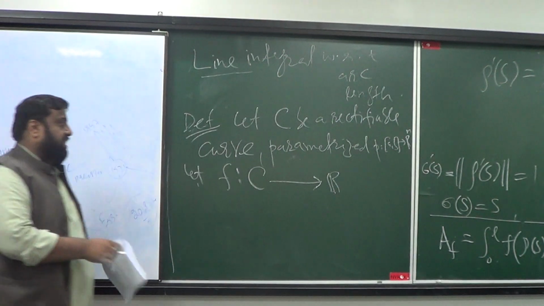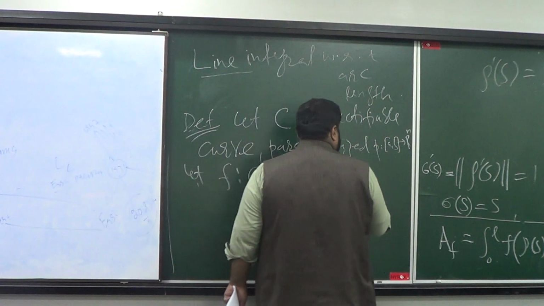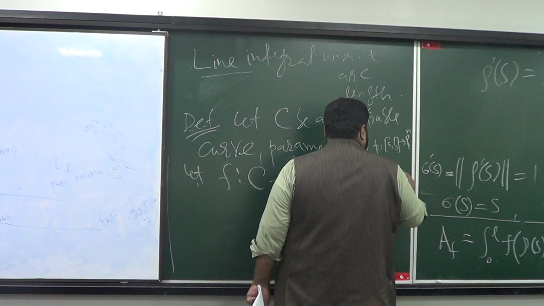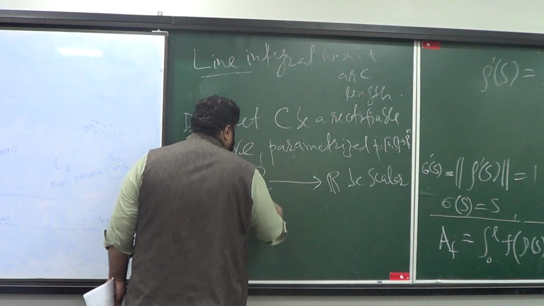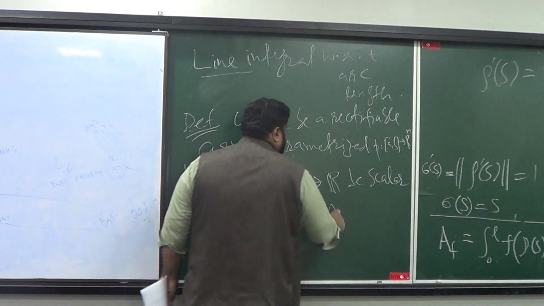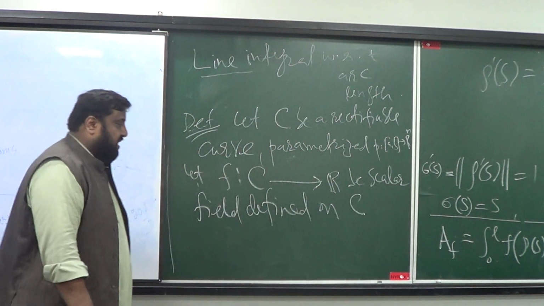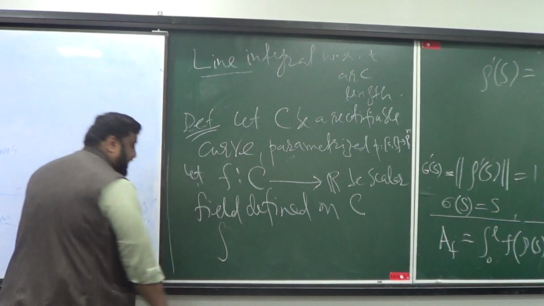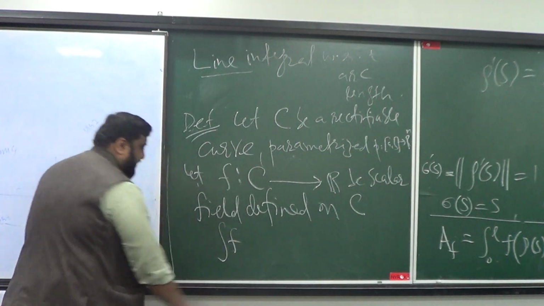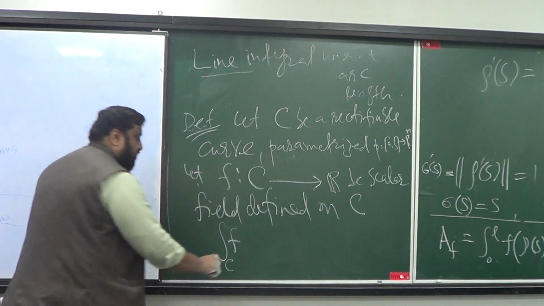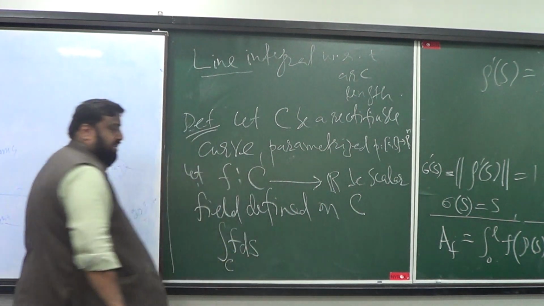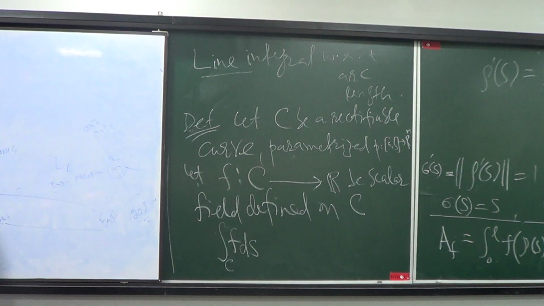Let F be a scalar field defined on C. The question is, how can I integrate a scalar field over a curve C with respect to the natural parameter s?